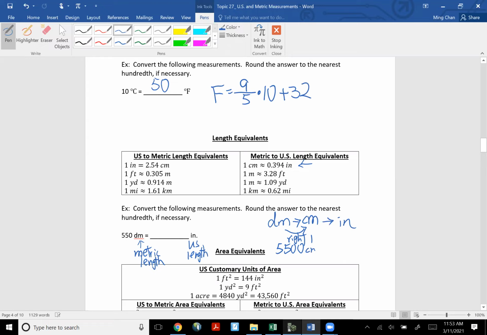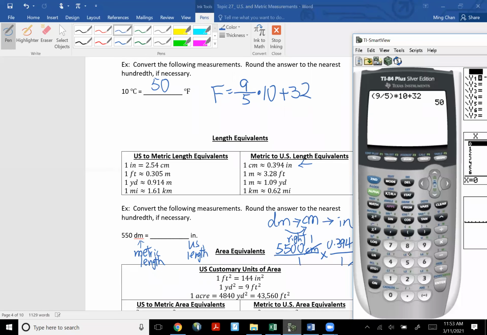So now I'm at centi. So that's over 1 times another fraction. Put centimeter down here. I do have a direct conversion from centi to inch. So then put my number in: 1 centimeter for 0.394 inch. This cancels out. So this problem becomes 5,500 times 0.394.